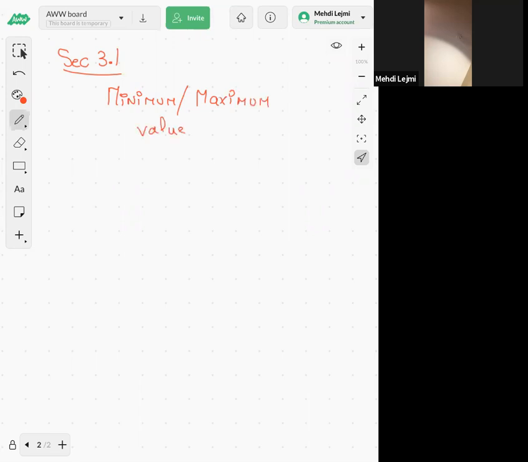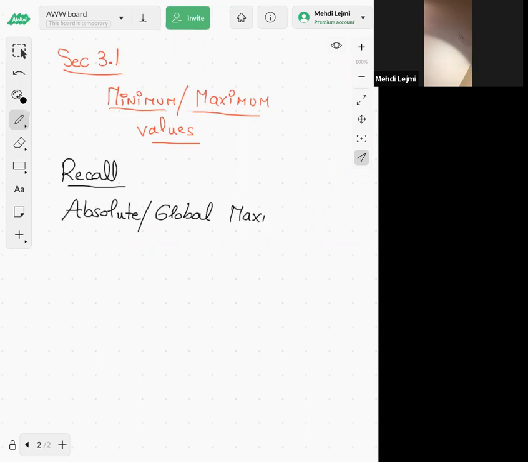On Monday I introduced the definition of absolute or global maximum and absolute or global minimum.